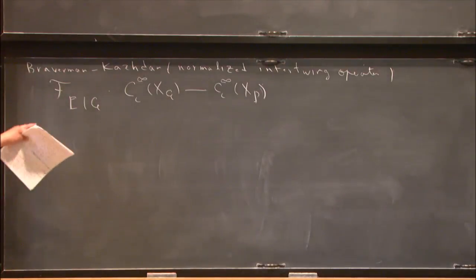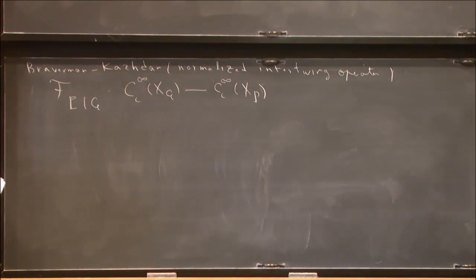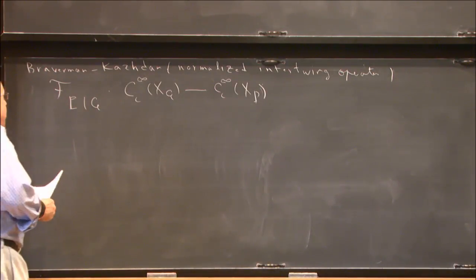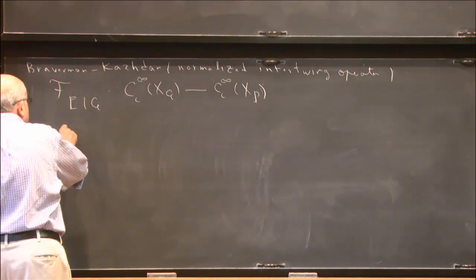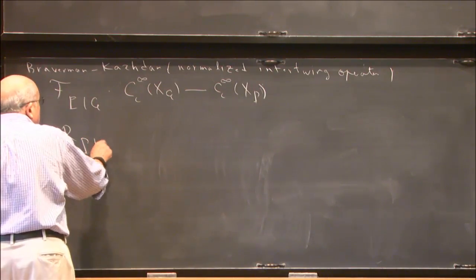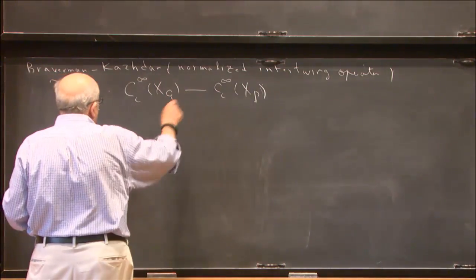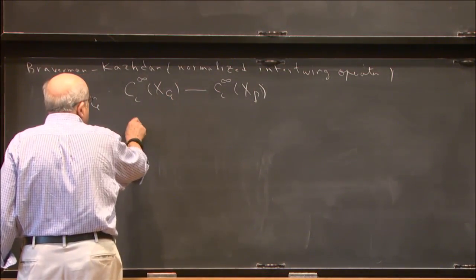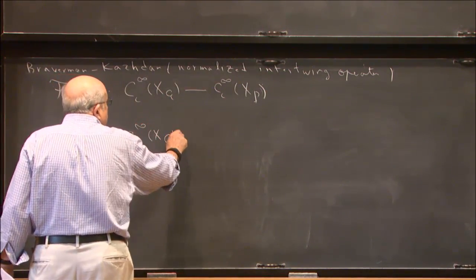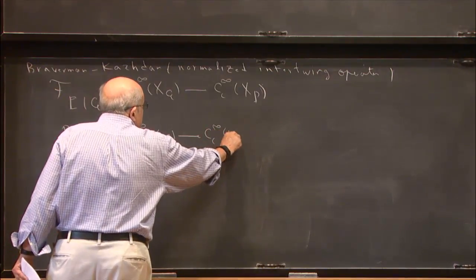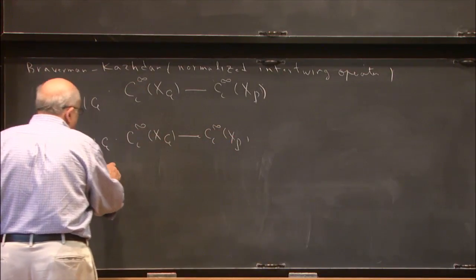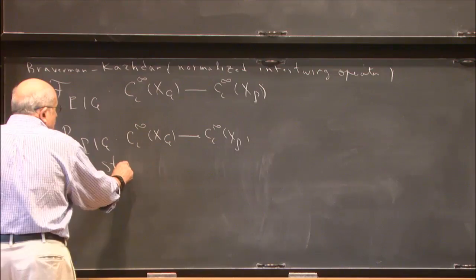And they have these normalized intertwining operators between them. And first of all, there exists what they call R_PQ. It's a map from here to here, but this is just like intertwining operators. This is just a standard intertwining operator.